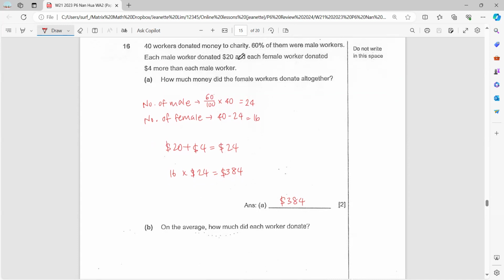Each male worker donated $20. So donated by the male workers, $20 times 24. Yeah, there are 24 of them, $20 each. 480.